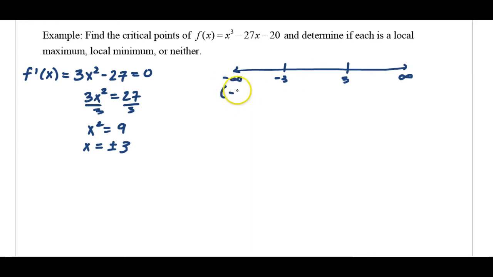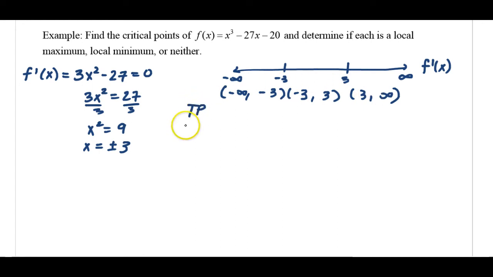So our intervals go from negative infinity to negative 3 to 3, and 3 to infinity. So we break the number line up into intervals, and what we're really searching for is whether the derivative on these intervals is positive or negative. So remember, this is an interval for f prime of x, the derivative. And here are intervals over the derivative where the derivative may be positive or negative.